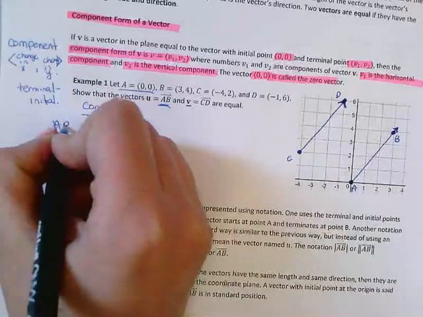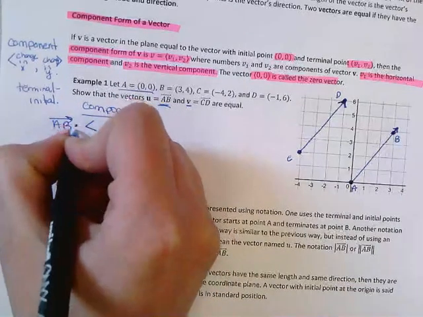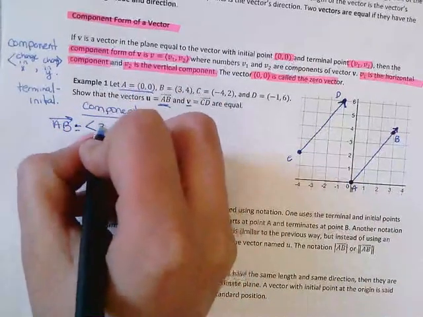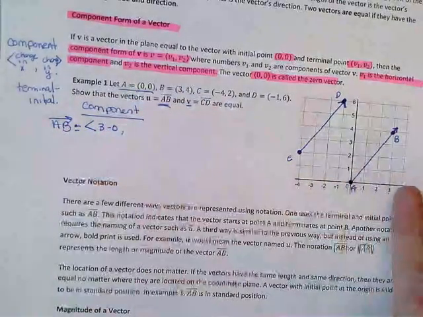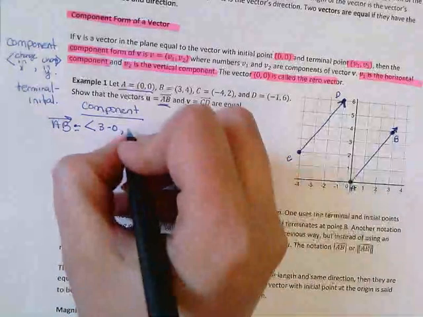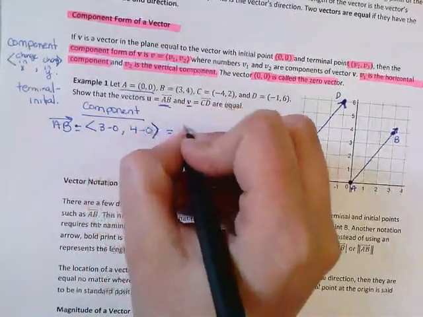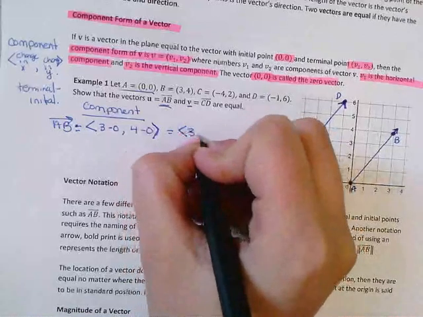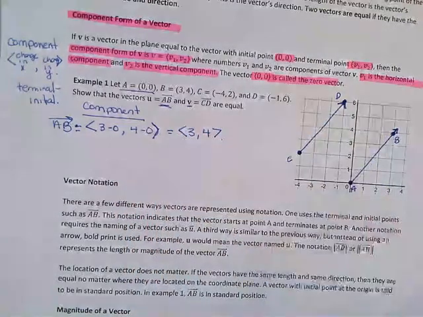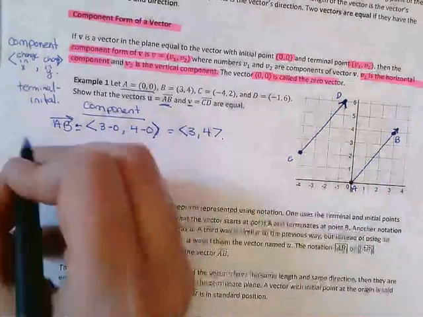So for AB, it's going to be 3 minus 0 because it's the change in x, and then 4 minus 0 because it's the change in y. So our component form is ⟨3, 4⟩ from the origin.